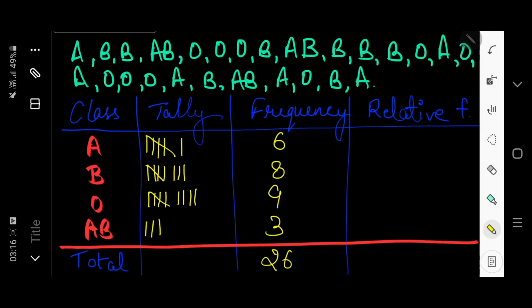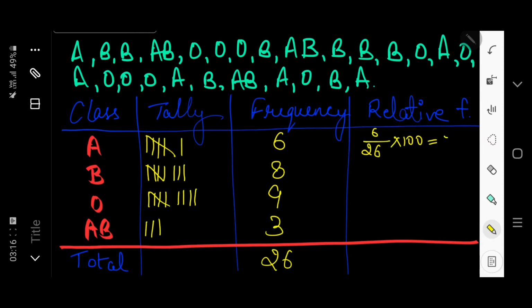Now let's move to relative frequency. In my previous video, I have already told how to calculate the relative frequency. It is the number of frequency, let's say the first one is 6, divided by total number of frequency, which is 26, and multiplied by 100. So with this we can find out the relative frequency.